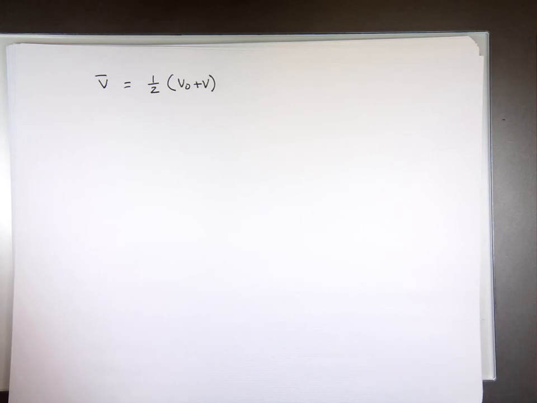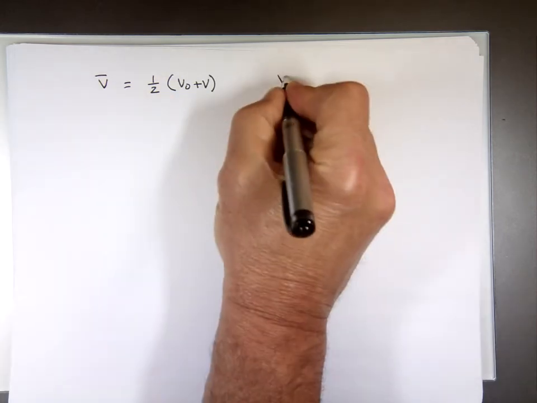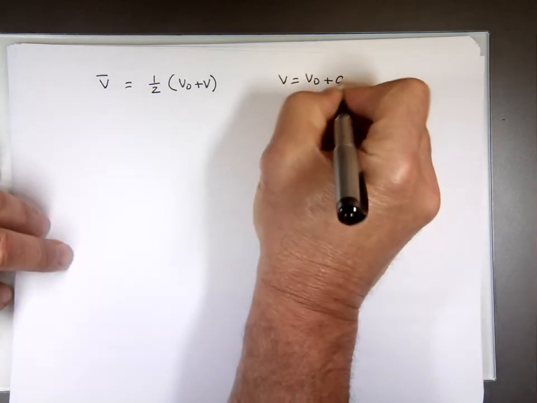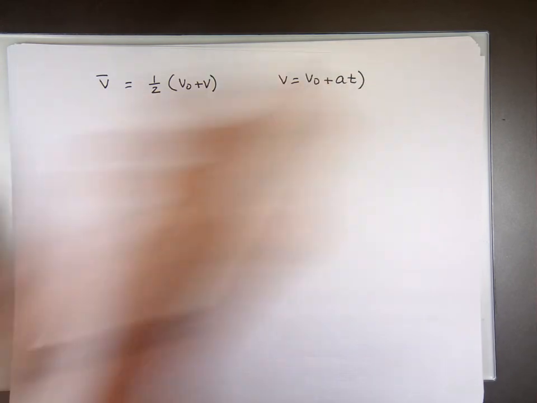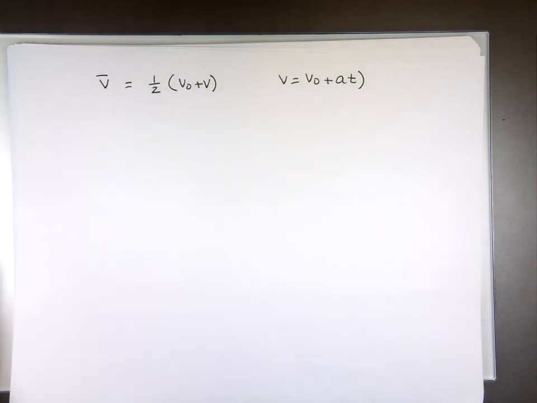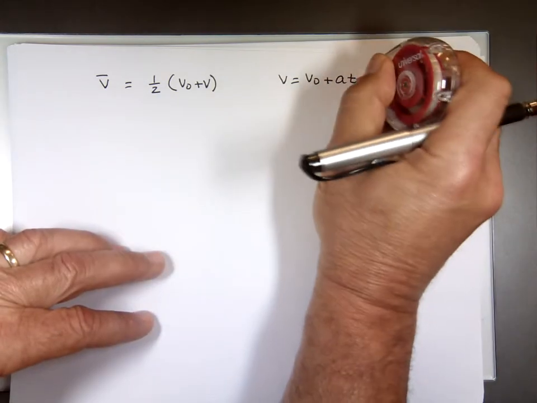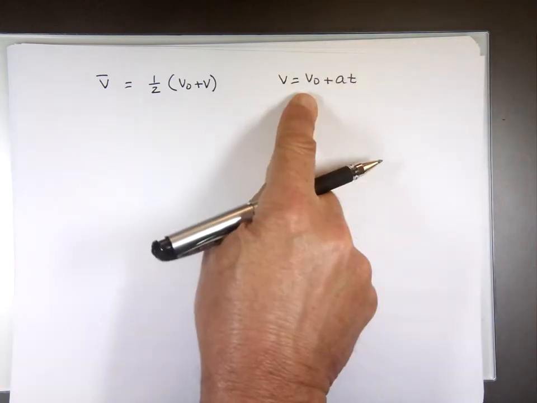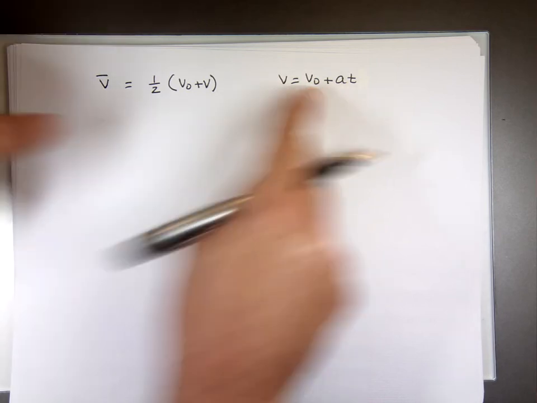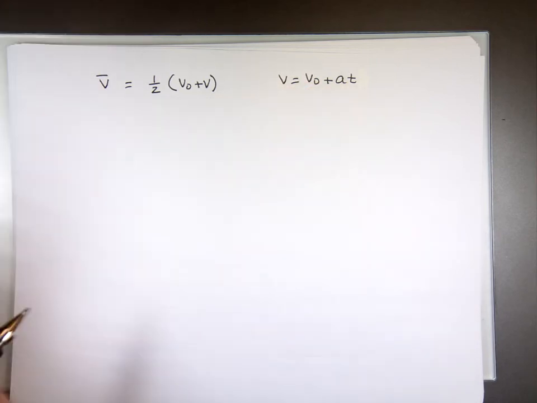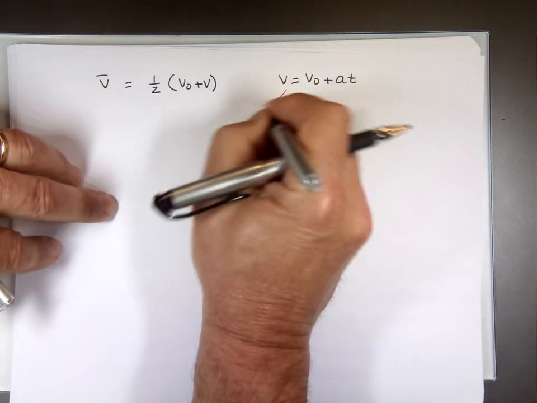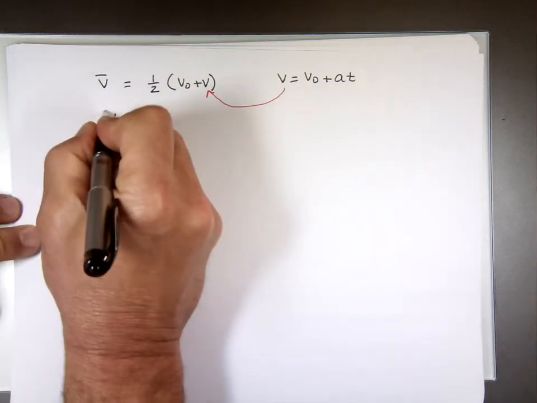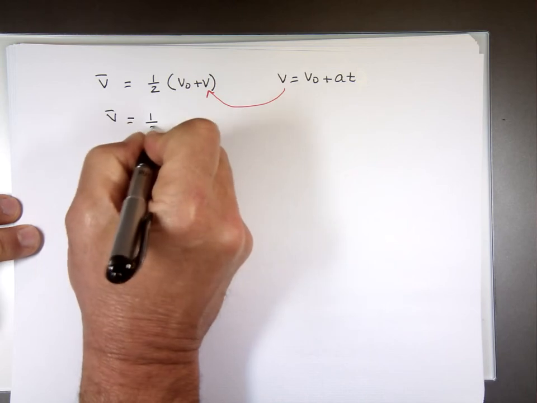Remember we wrote V equals, I think equation 2, V equals V0 plus AT. Remember that one? I think that's number 2 in our notes. So if we do that substitution right here, if we take this and plug it into this one, I can say the V average equals 1/2 V0.